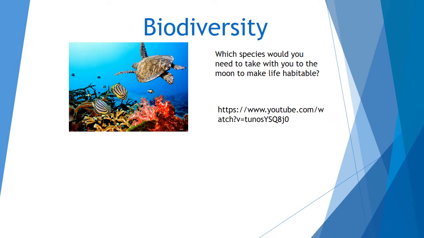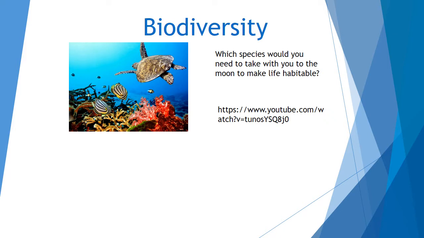If you plan on eating any type of meat, you definitely would need to take an organism for that. And then you have to think about, well, what's going to control these populations so that they don't get out of control? So that's another aspect.